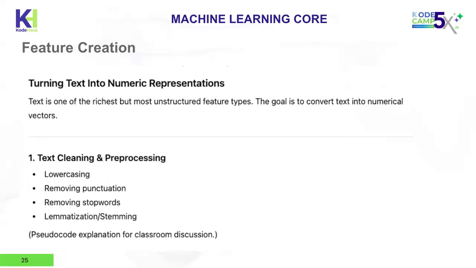You can take the text and convert it into numerical vectors. But for you to do that, you first need to clean it and pre-process it. Some of the things you can do there would be lowercasing the values of the text.